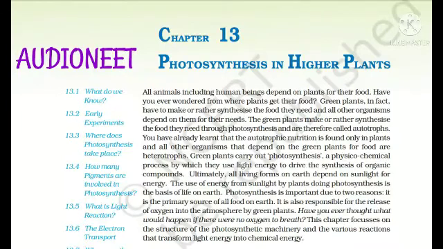Ingenhousz's elegant experiment with an aquatic plant showed that in bright sunlight, small bubbles were formed around the green parts, while in the dark they did not. Later, he identified these bubbles to be of oxygen. Hence, he showed that it is only the green part of the plants that could release oxygen.